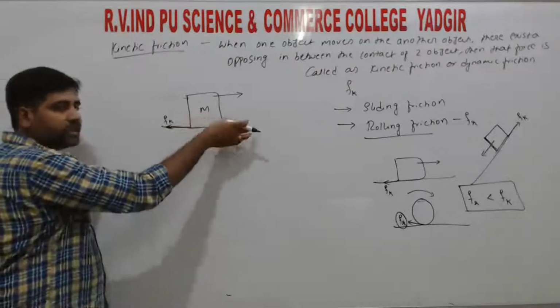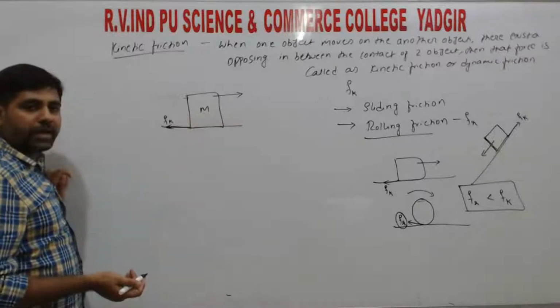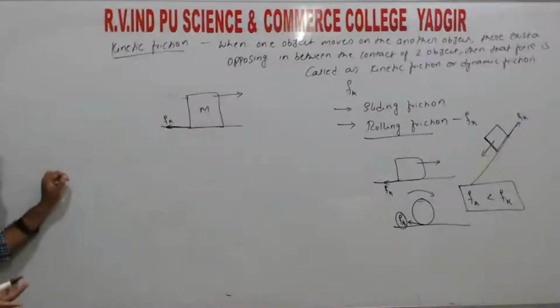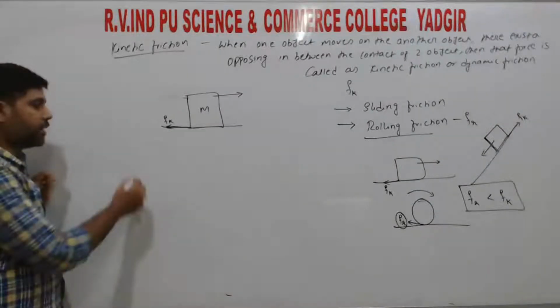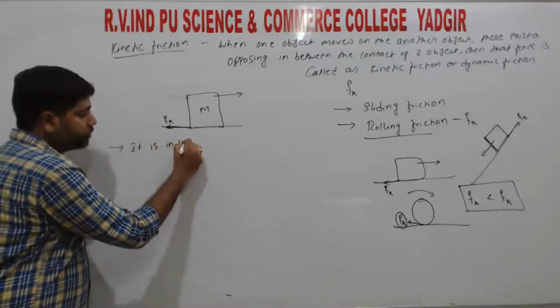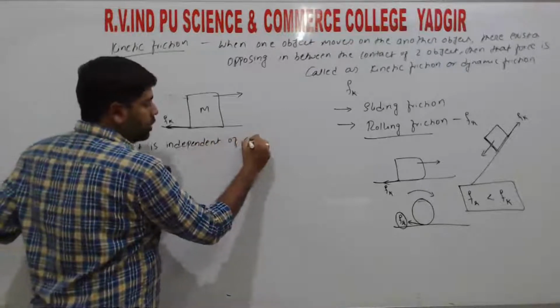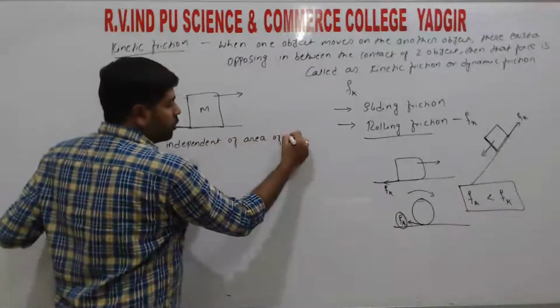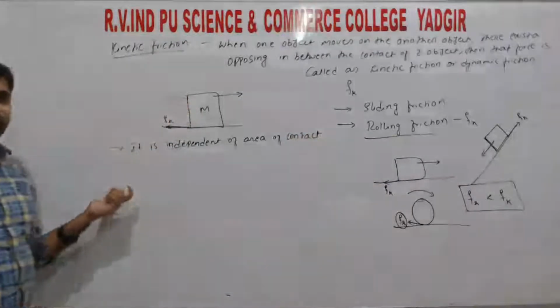So the object is moving, right? Here also the laws of kinetic friction, or of static or limiting friction, are the same. Here also it is independent of area of contact, similar to limiting friction, right?